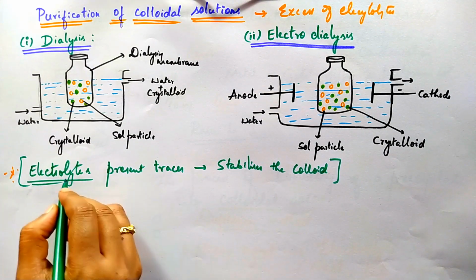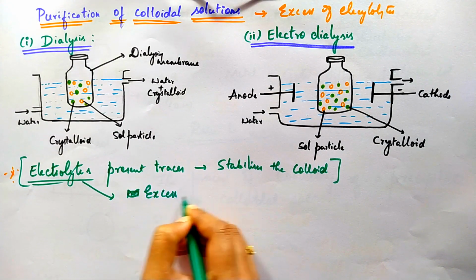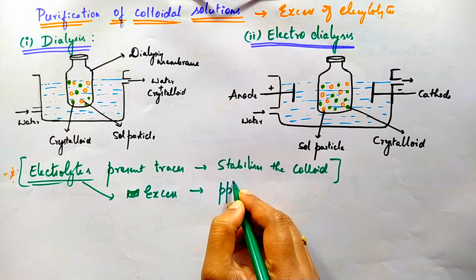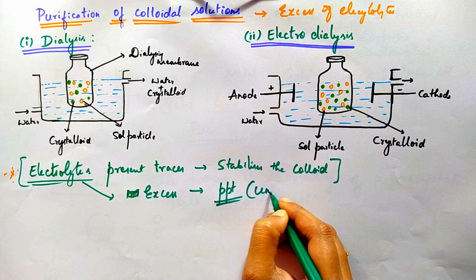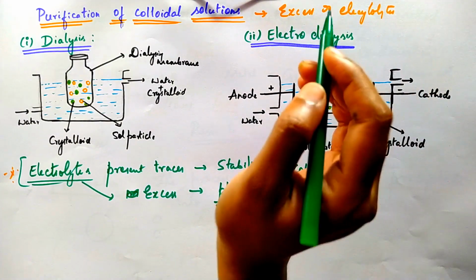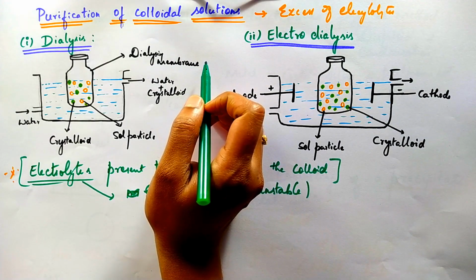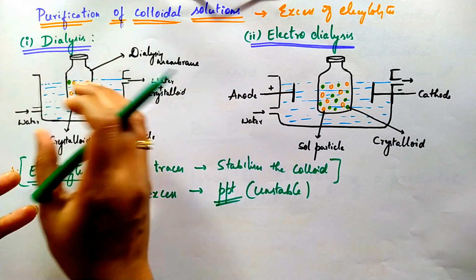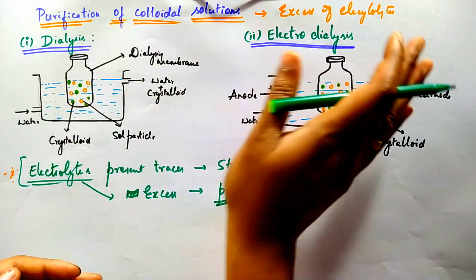But if the electrolytes are in excess, then the colloid becomes unstable. That means it forms a precipitate. Therefore, the excess electrolyte should be removed during the purification of the colloidal solution. And some other impurities present in the colloidal solution are also removed by this purification.